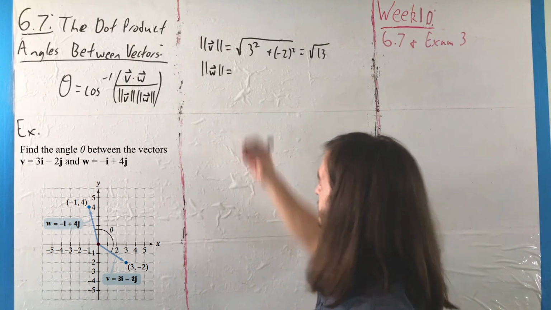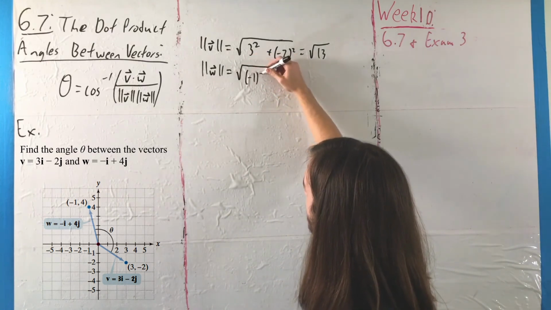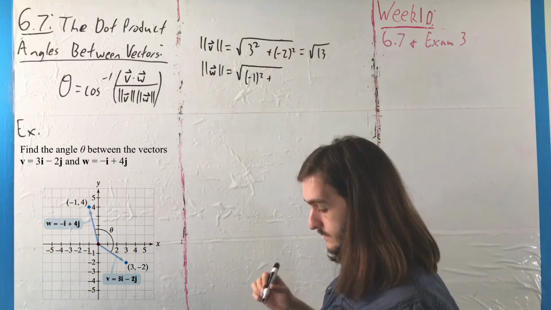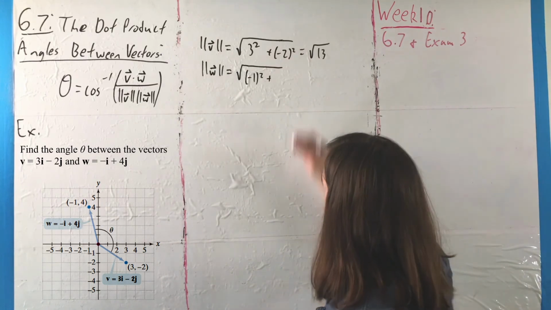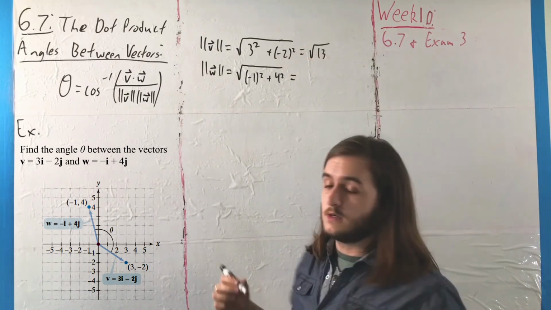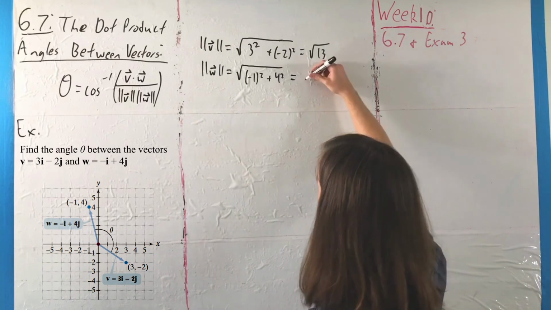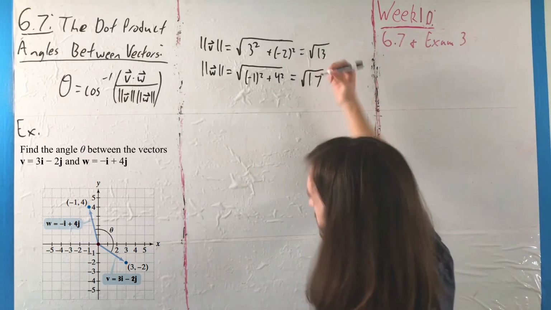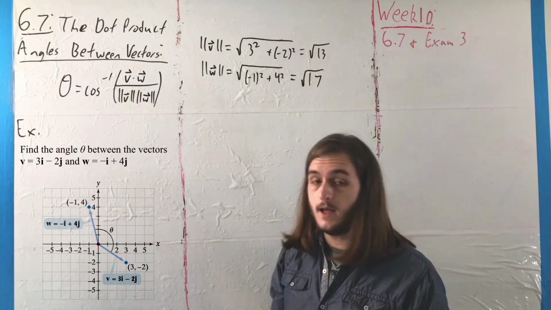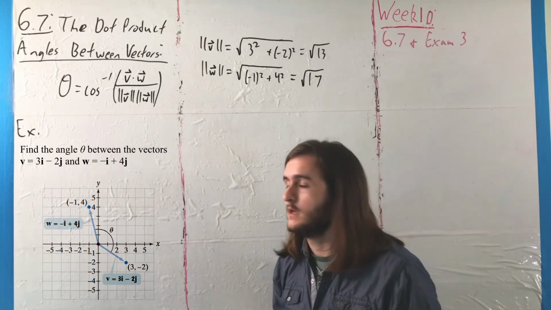There, since we have a negative i, our horizontal is going to be a negative 1 squared, while our vertical will come from 4. We'll get 4 squared. Negative 1 squared is 1, 4 squared is 16, so we're going to get another prime number under the radical, this one root 17.